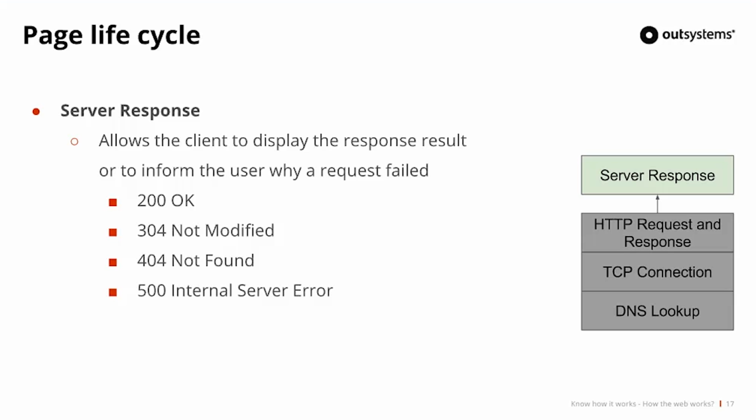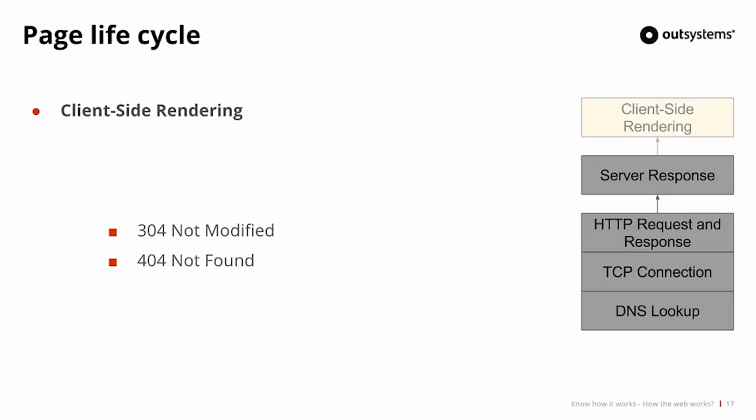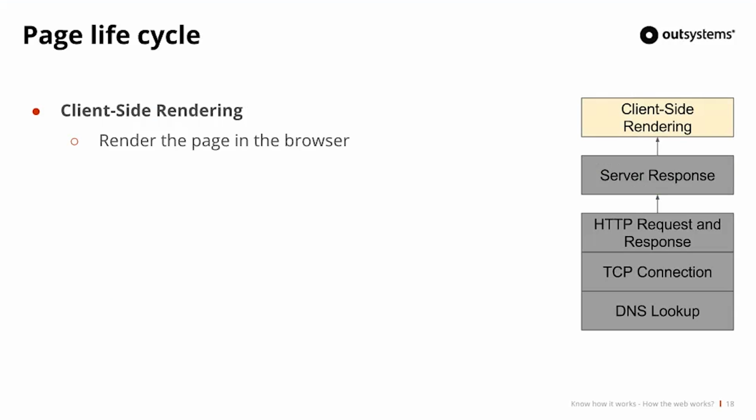So it will apply the source code sent by the server and finally render in the browser, and it's the rendered page as we see it. So it's the final process of the request.